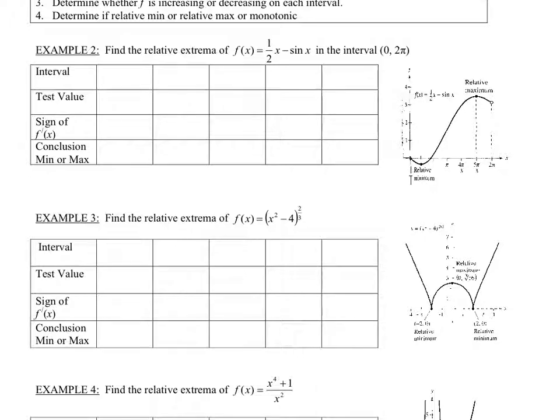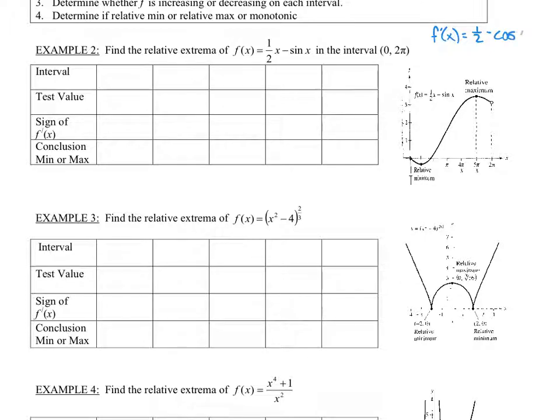So what is the first thing that we're going to do when we're trying to determine intervals and all of that? Find the derivative of the function. So, if we go through and find f prime of x, what's that going to equal here? 1/2.